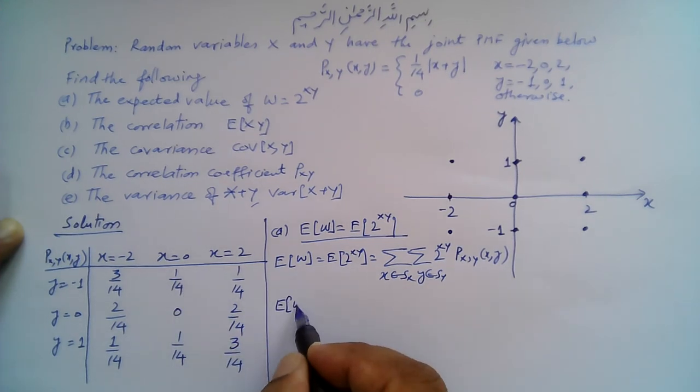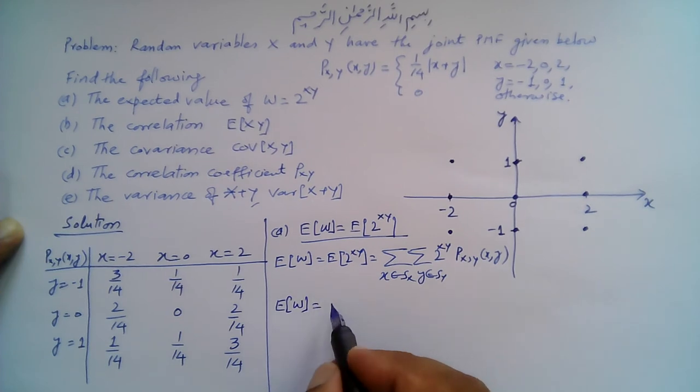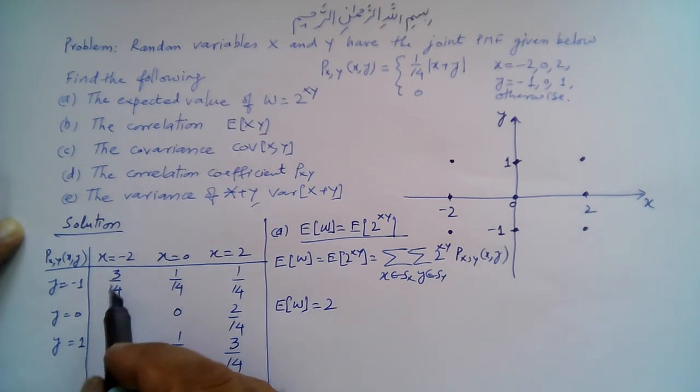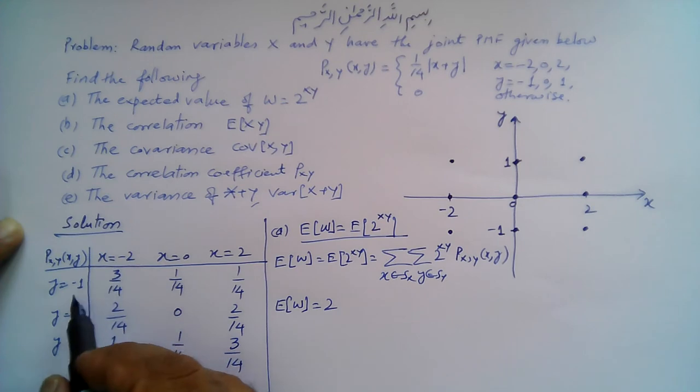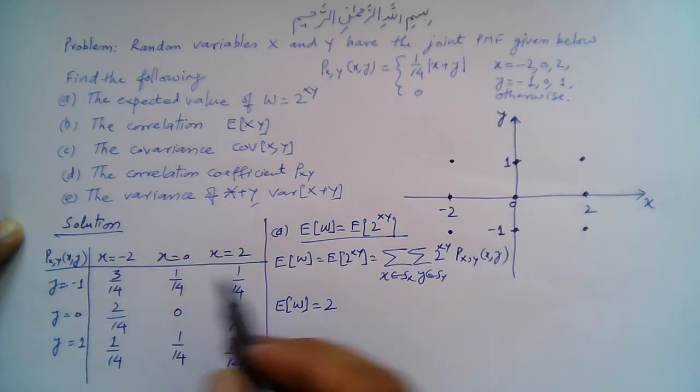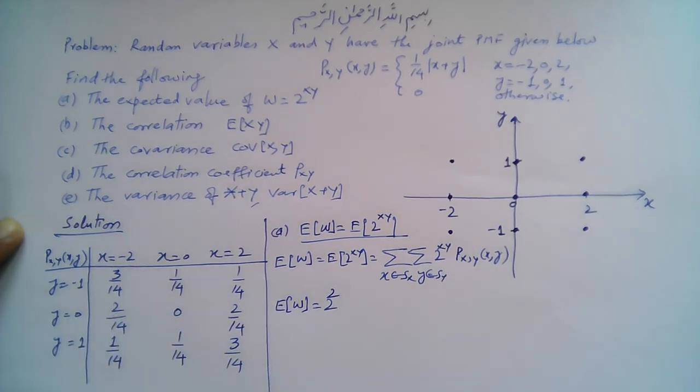So expected value of W is equal to 2 raised to the power, so x is -2, y is -1, so xy is 2 here.